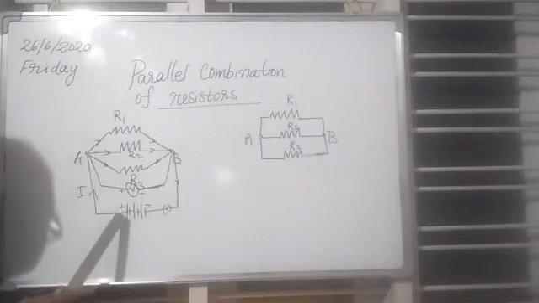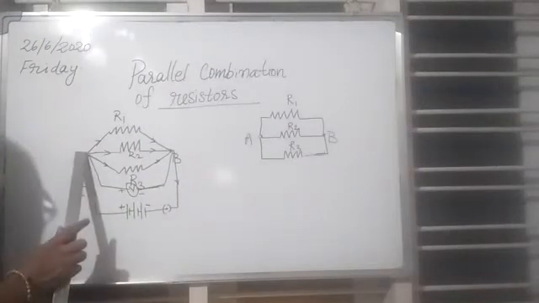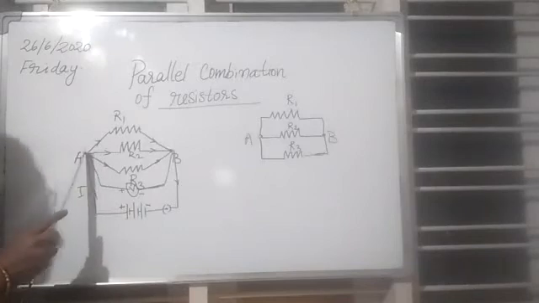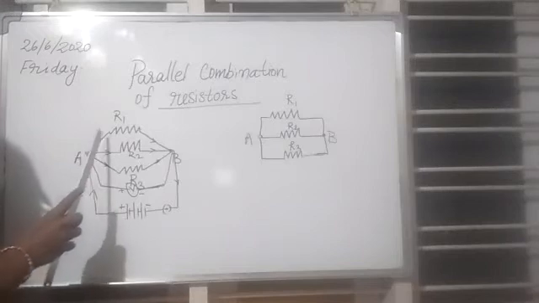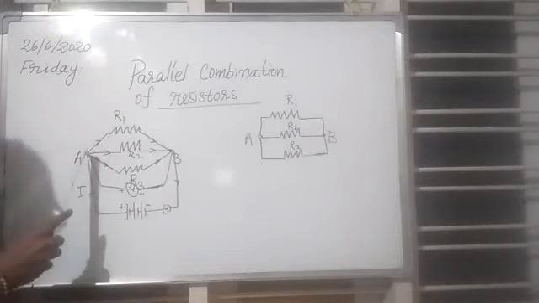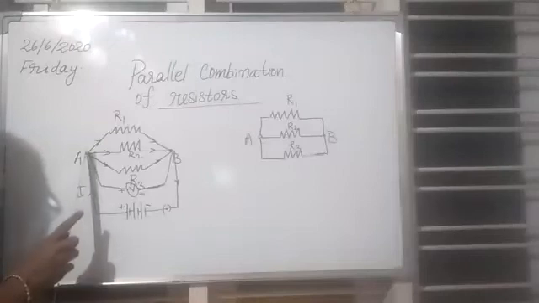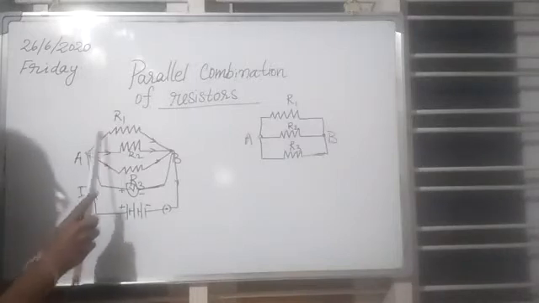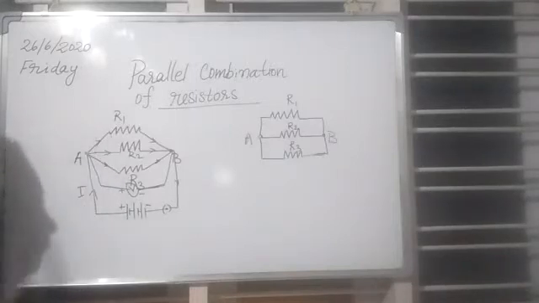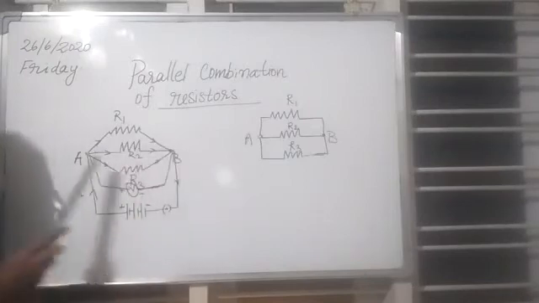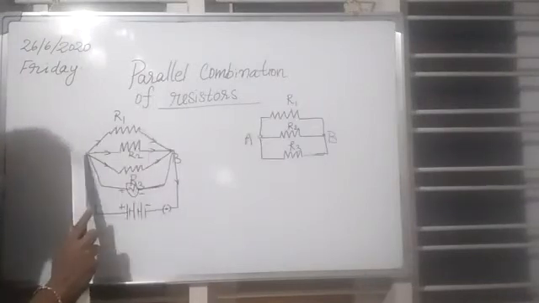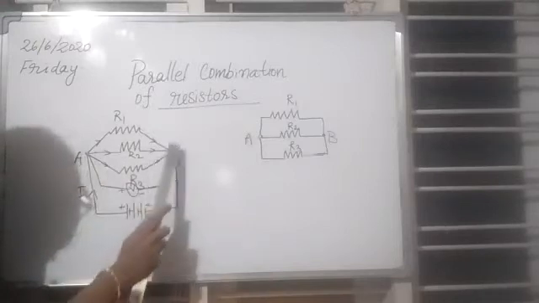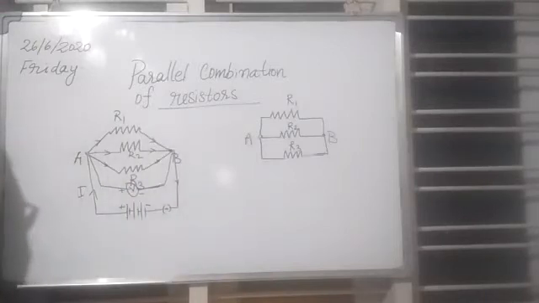Now see, the current passes from the battery, and as it reaches point A, the current finds three paths to follow. It divides through R1, R2 and R3.